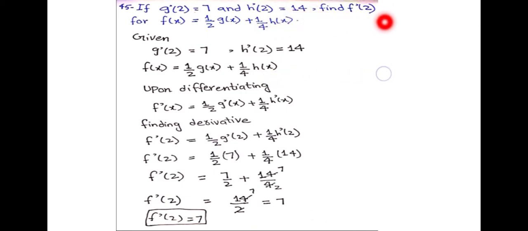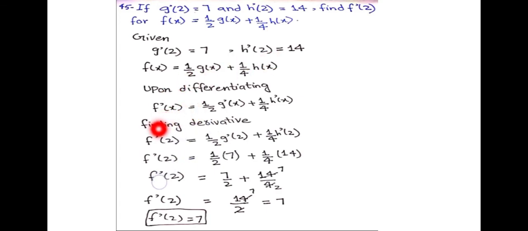We have to find the derivative of the function at a particular value, which is 2. So first of all we differentiate on both sides, take the derivative, and we know that we have to find the derivative of the function at 2.